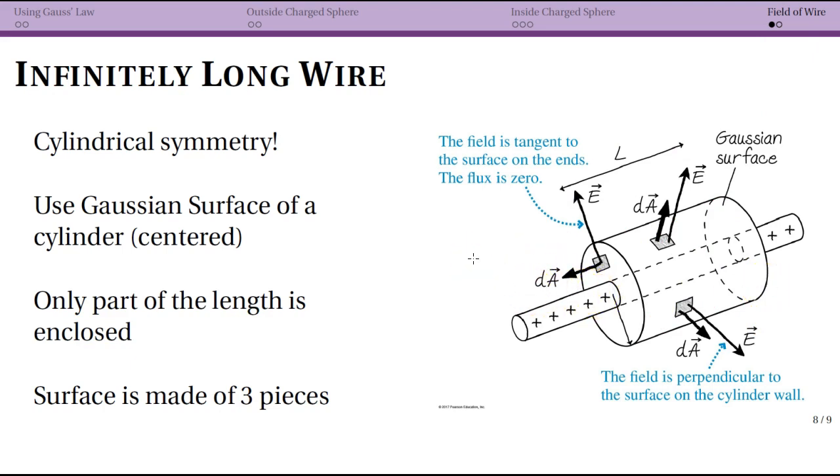On the end surfaces, because we assume that cylindrical geometry and the electric field is always going to point away from the wire, notice that the electric field is perpendicular to dA. So it's parallel to the surface. Here, our electric field is perpendicular to the surface.